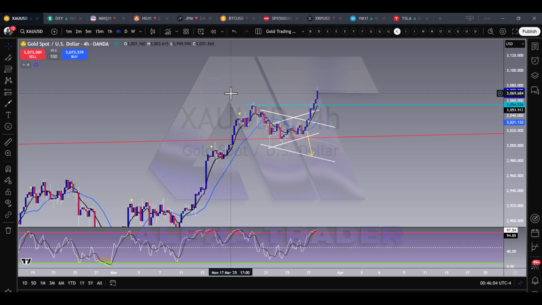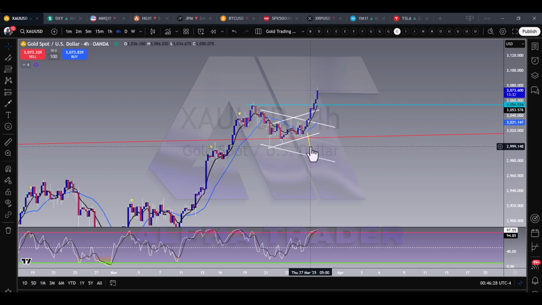Every time we have a tariff threat, let's call it that, we see gold head up and we see dollar head down. So it's kind of an inverse effect we're having there dealing with tariffs. And so where do we go from here? Well, we have this extension that has completed here, or almost completed.